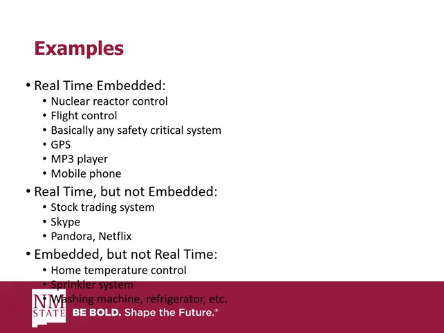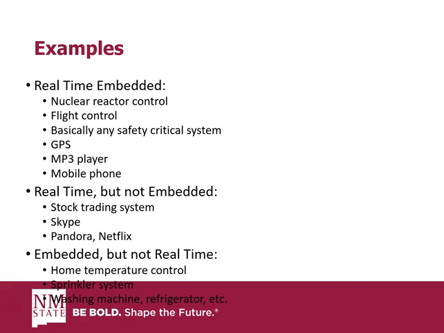Finally, we have embedded but not real-time systems. These are embedded within devices but do not have strict timing requirements. Examples include home temperature control, sprinkler system, washing machine or refrigerator. In home temperature control, while it's convenient to adjust your thermostat, delays of a few seconds are usually acceptable.